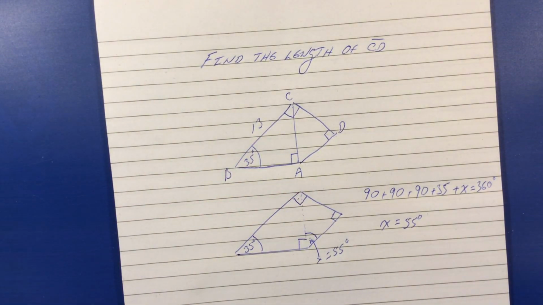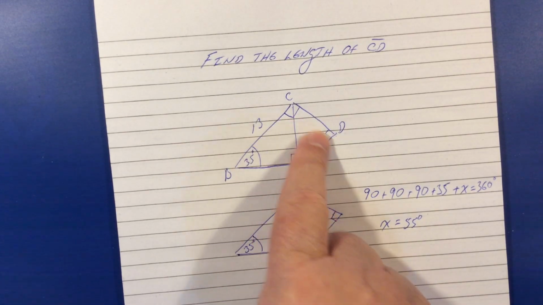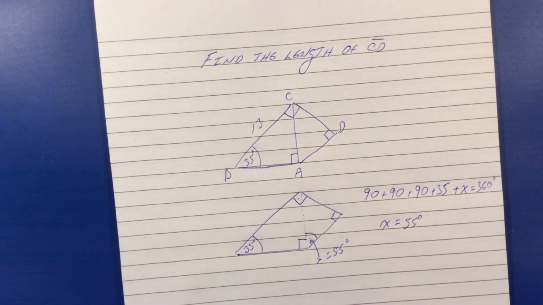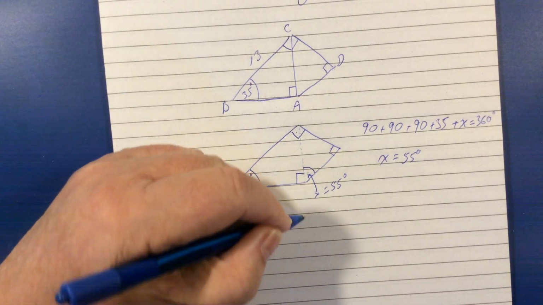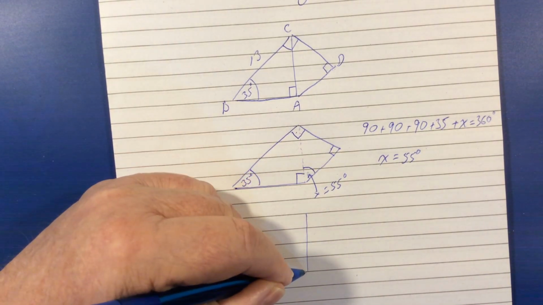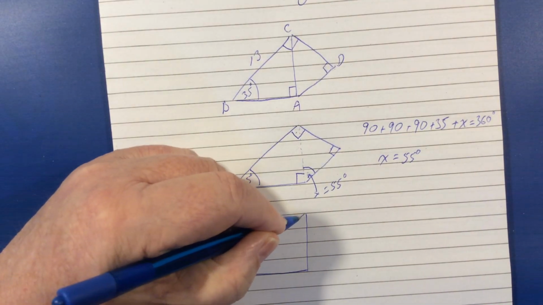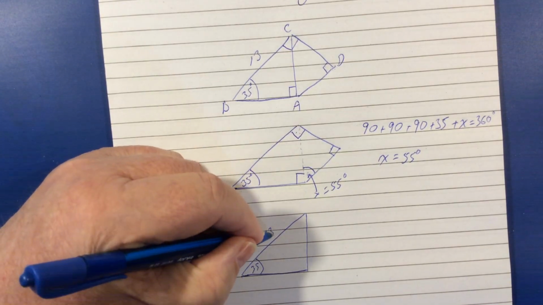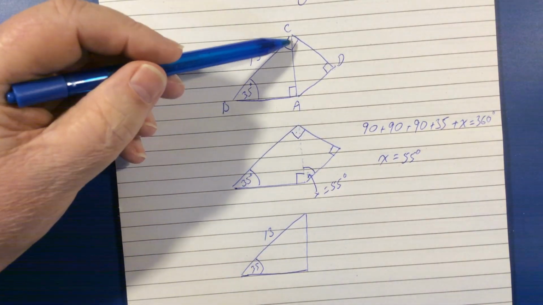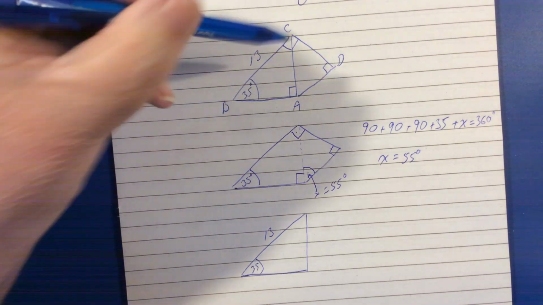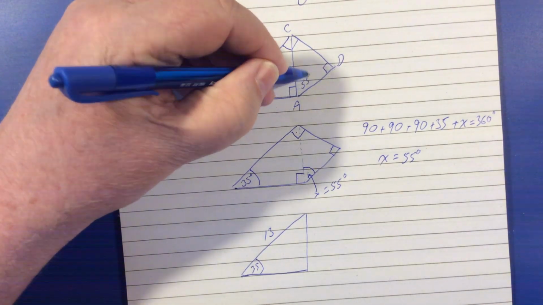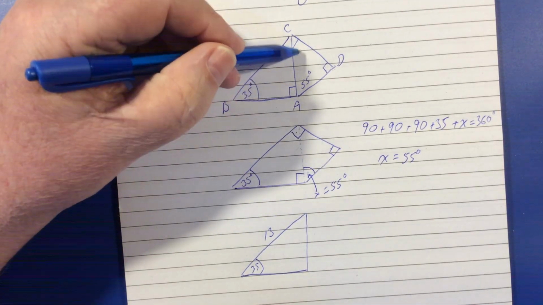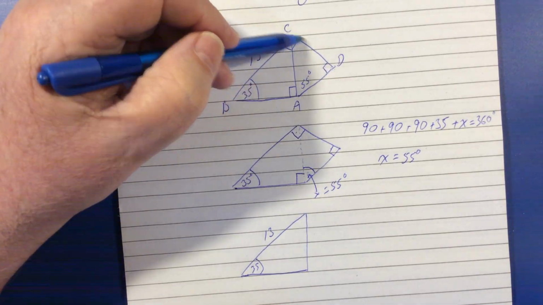We're going to come back to that, because that's going to allow us, once we take another step, to find out what this length is. Now, what's the other step? Again, I'm going to redraw the problem in a simplified form. Because if I look at this triangle here, I now have an angle, which is 55, but I need a side in order to find this length.